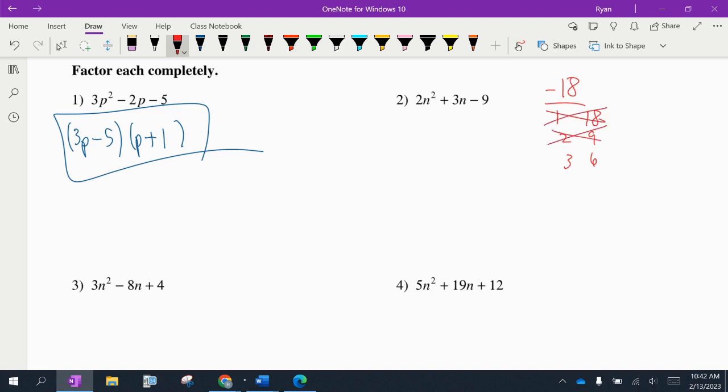So this one's out, this one's out. Here's my winning pair. If the 3 is negative, these will add up to a positive 3. So we are going to split the middle term using these two numbers. 2n squared stays what it is. Here's the 3n. This is the middle term that's going to be split. I'm going to call it -3n plus 6n.